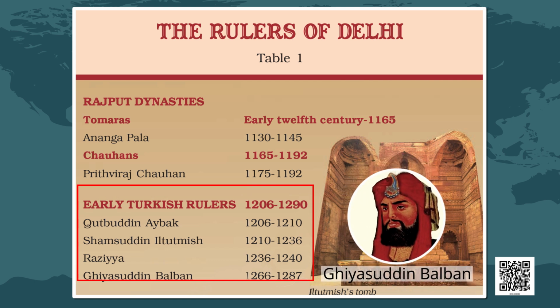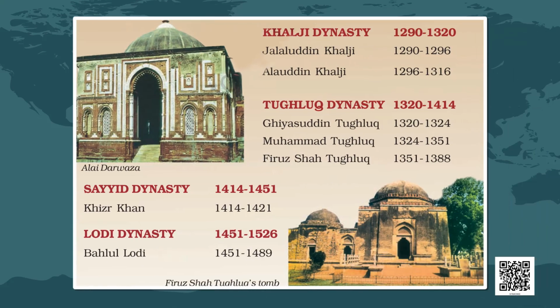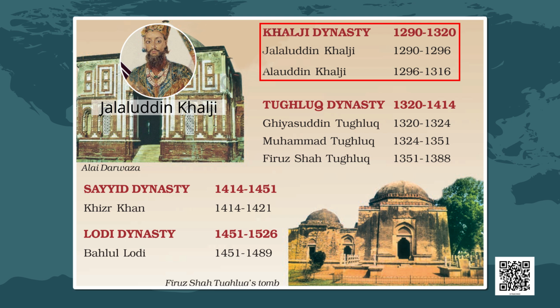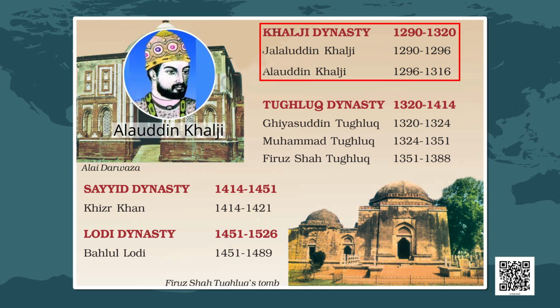Then Ghiyasuddin Balban, 1266 to 1287. After the Turkish rulers, the Khalji dynasty ruled Delhi. They ruled from 1290 to 1320. Their famous rulers were Jalaluddin Khalji, who ruled 1290 to 1296, and Alauddin Khalji, who ruled 1296 to 1316.